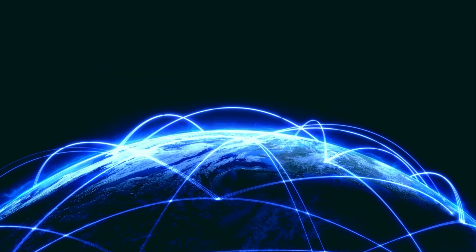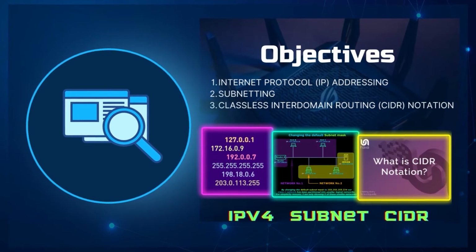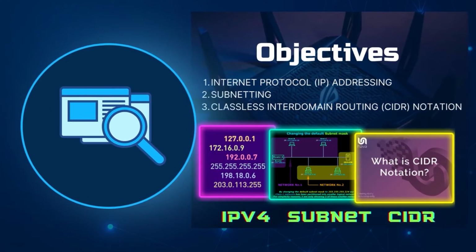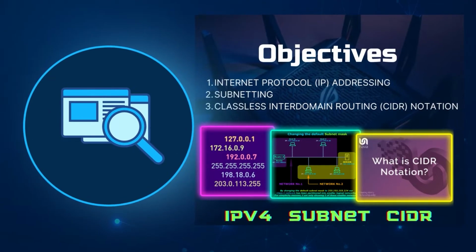The objectives of the course consist of three main things: IP address version 4, subnetting or subnets, and CIDR or classless inter-domain routing, and many others. By the end of the course, you will gain knowledge about these three aspects: IP address, subnetting, and CIDR.